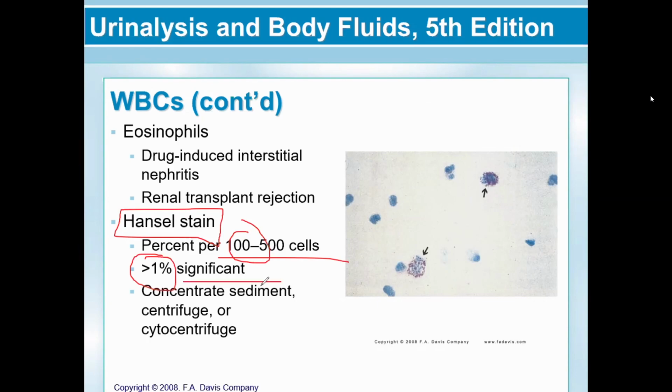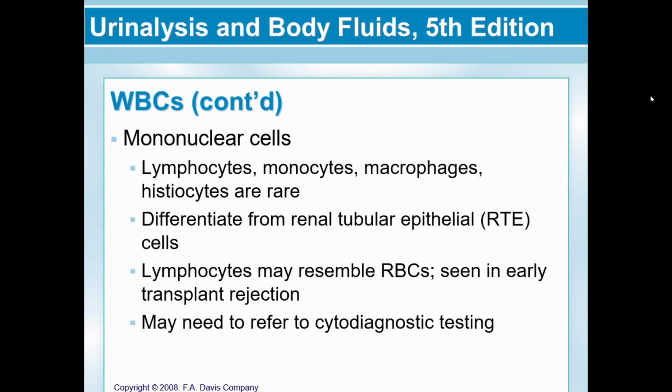Where do we see this? For example, in drug-induced interstitial nephritis or renal transplant rejection. If you look at them, guys, it's a Hansel stain, you can see the granules, those violet-colored granules. So we can consider that significant, assuming the cells counted are 100 cells, so it's more than 1% of the 100.